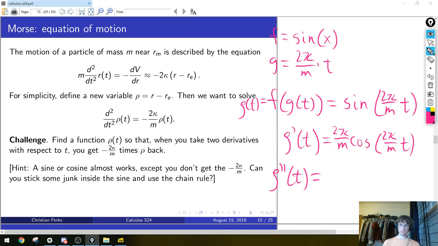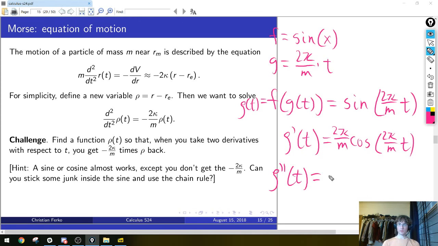So I'm inclined to believe that we are taking the derivative of 2 kappa over m, and that is going to be equal to 0. Oh, so you're product ruling. So you say we hit this with the derivative and that's 0, and then we hit this with the derivative. I believe so, but that isn't quite what we want. Well, that's true. We could do it that way if you prefer. So we think of this as a product of two functions.